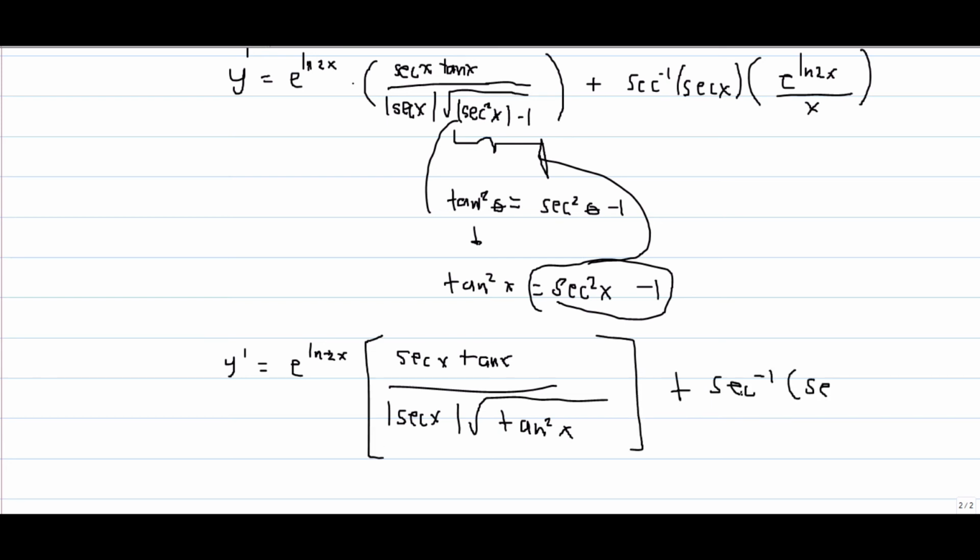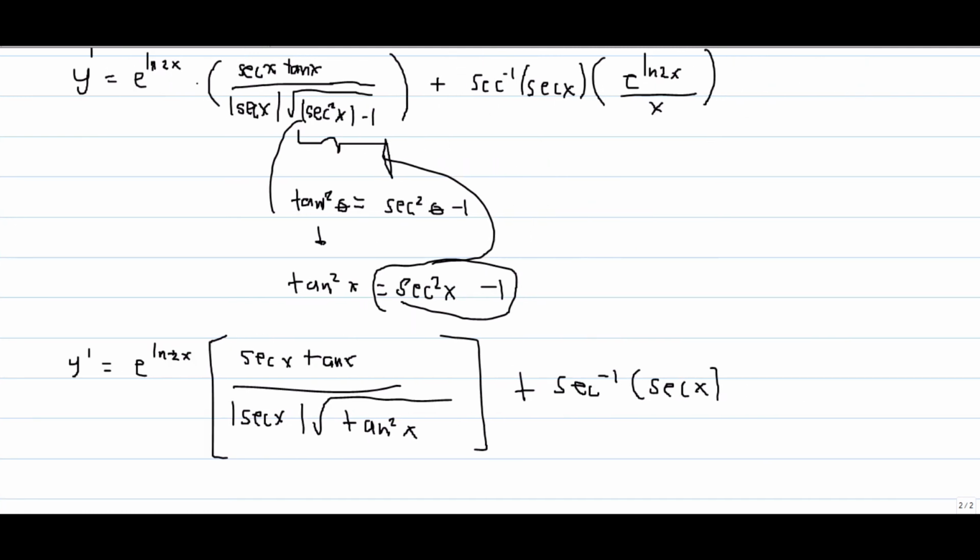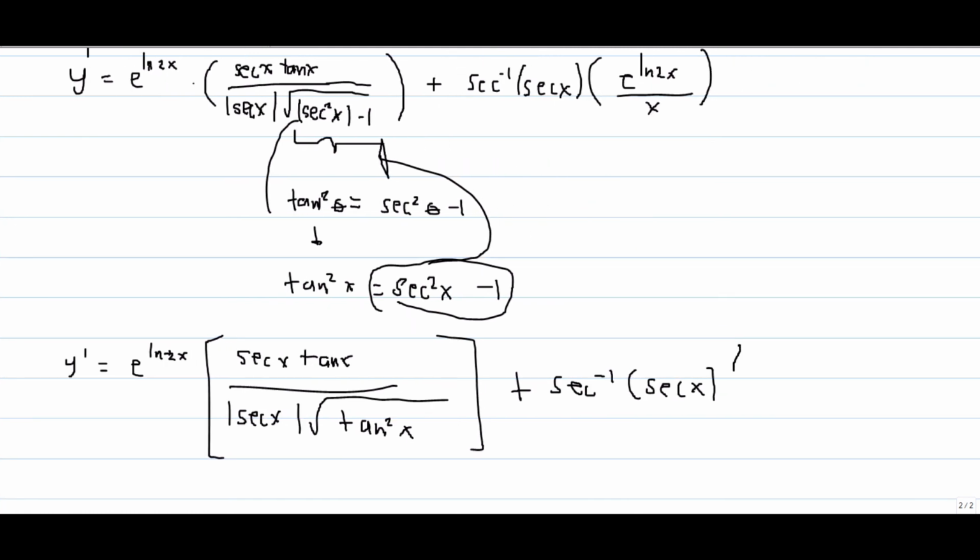So plus the secant inverse of the quantity secant x, then times e to the power ln 2x over x.